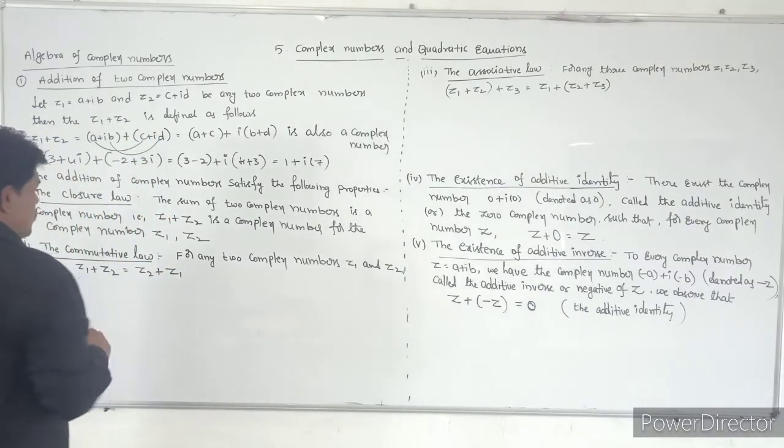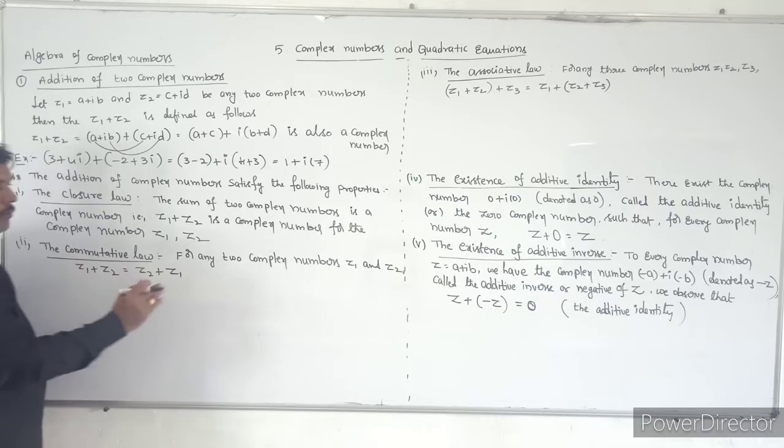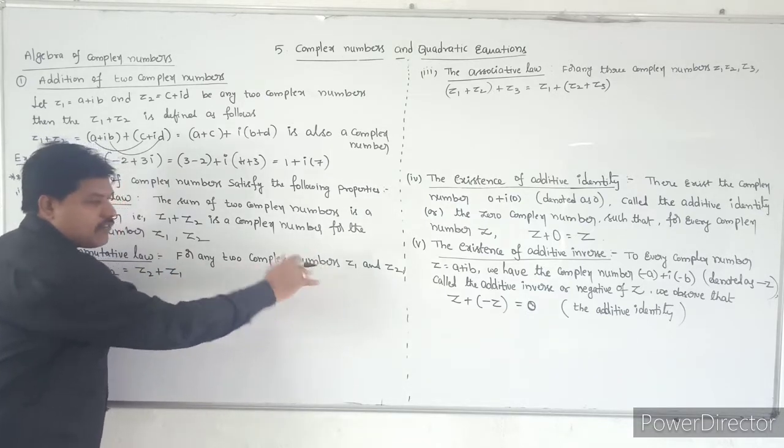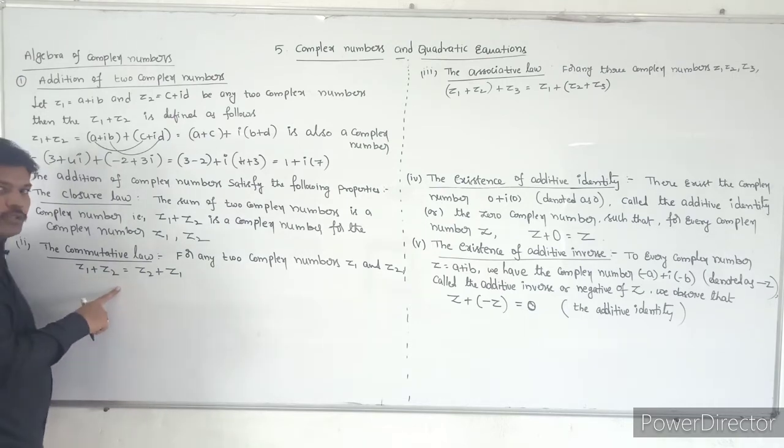See the next one, condition number 2. What is condition number 2? The commutative law. The commutative law is nothing but: for any two complex numbers Z1 and Z2, Z1 plus Z2 and Z2 plus Z1 are both the same.